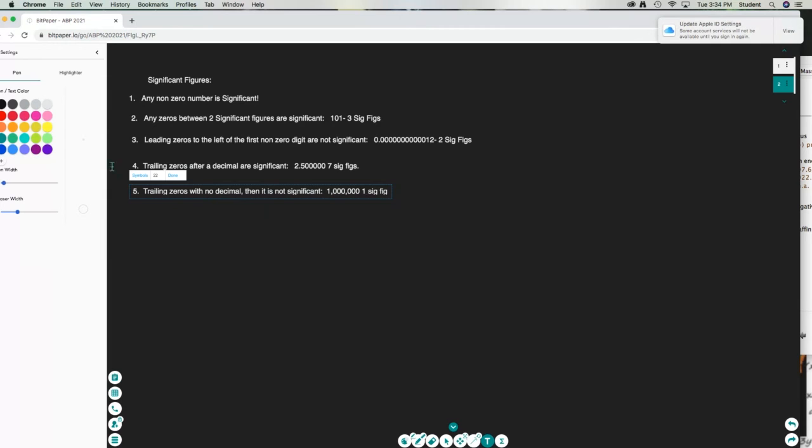So now what do I do if I have to add or subtract or multiply or divide these things? Get you a calculator, buddy. Okay, so rules for addition of significant figures. This is addition and subtraction.